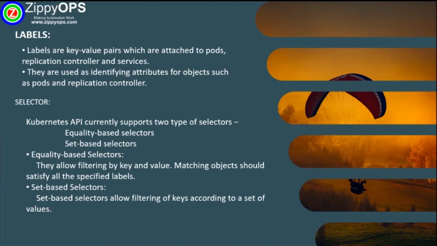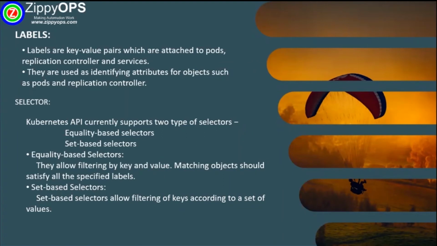Whenever you do a deployment, you can specify that this deployment is for this environment, this application, and inside the application, this is the service, and inside the service, this is the component. Multiple labels like that can be defined, which can be used to map the services with the deployment.